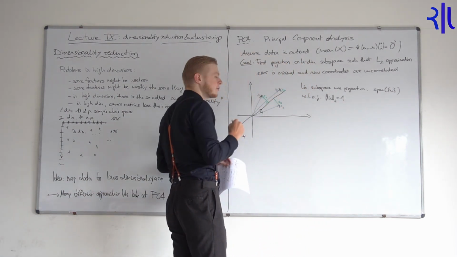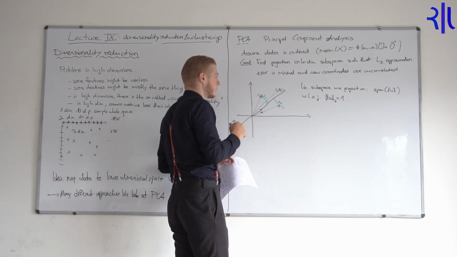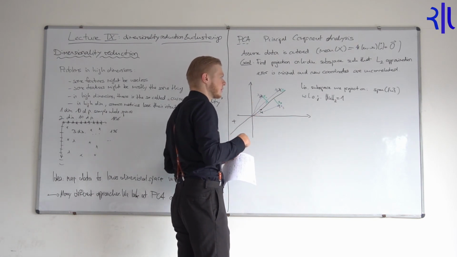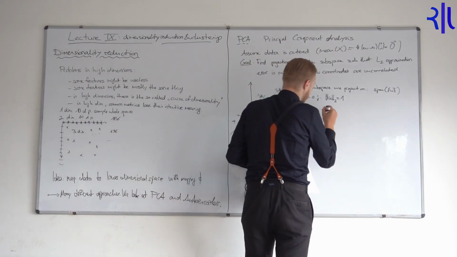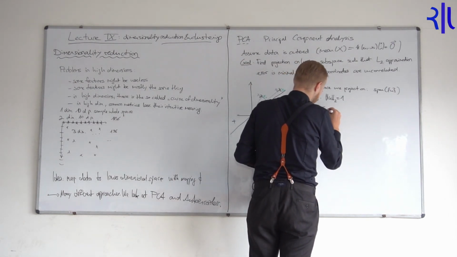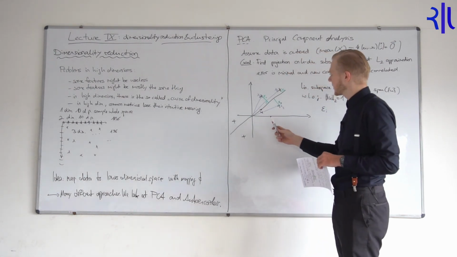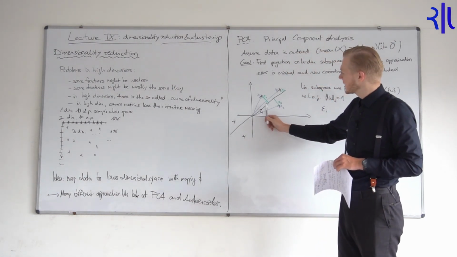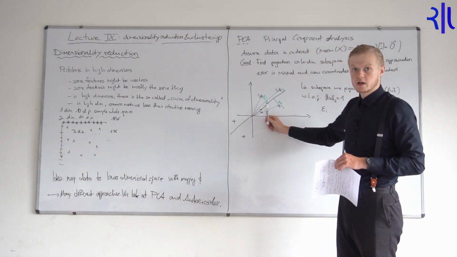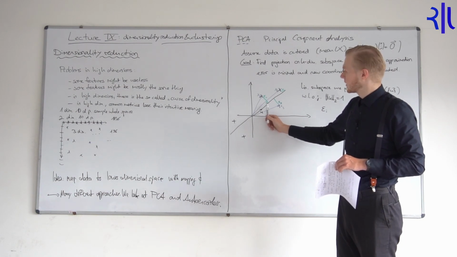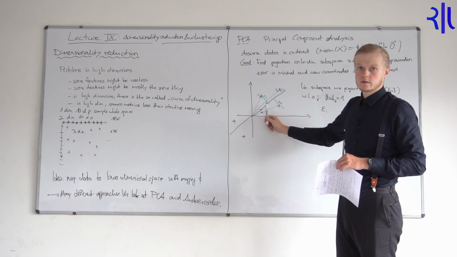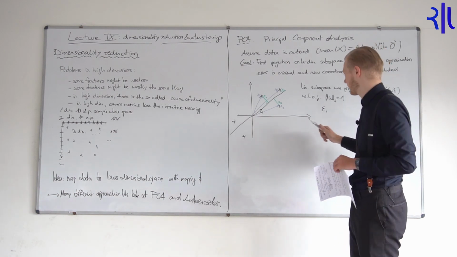Okay, so maybe we can derive a formula for epsilon 1 for our first error. So what we can see here is that we can draw in a triangle here, and we can apply the Pythagorean theorem.